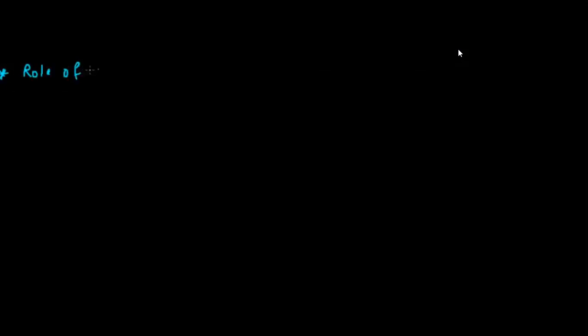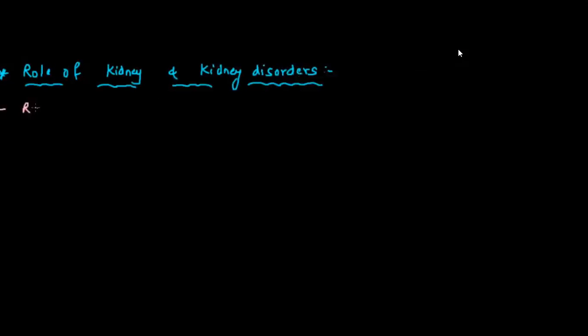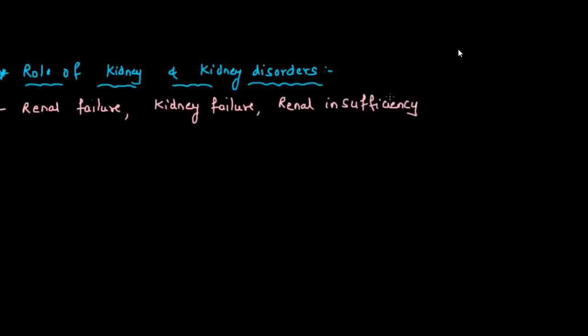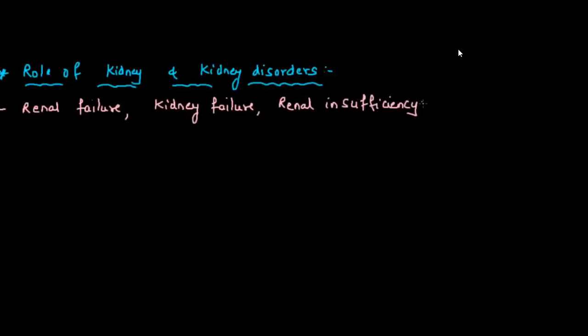Let's talk about the next, the role of kidney and kidney disorders. We have studied that kidney plays an important role in excretion. But if there is some problem in the kidney, what disorders will you suffer from? There's a technical term called renal failure, or kidney failure, or even renal insufficiency.